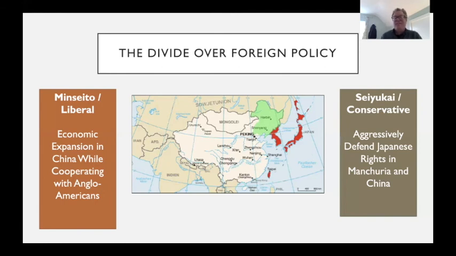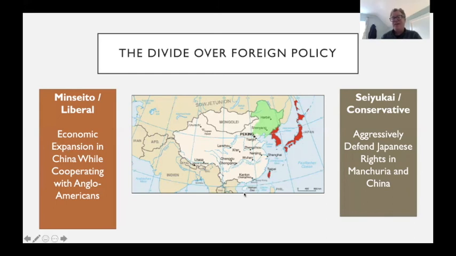They think that the best strategy here is to cooperate with the Americans and the Europeans, who are also interested in gaining economic influence in China. So Japan can increase its influence in Manchuria while cooperating with the British, who are increasing their influence elsewhere. And the Minseto feels that this is a perfectly adequate foreign policy.